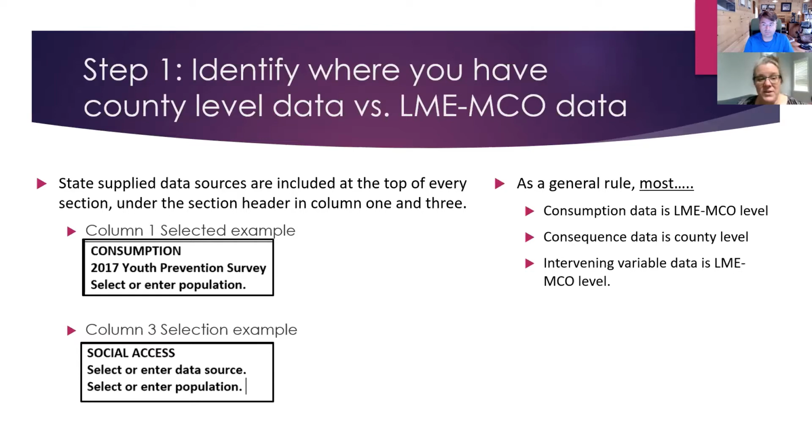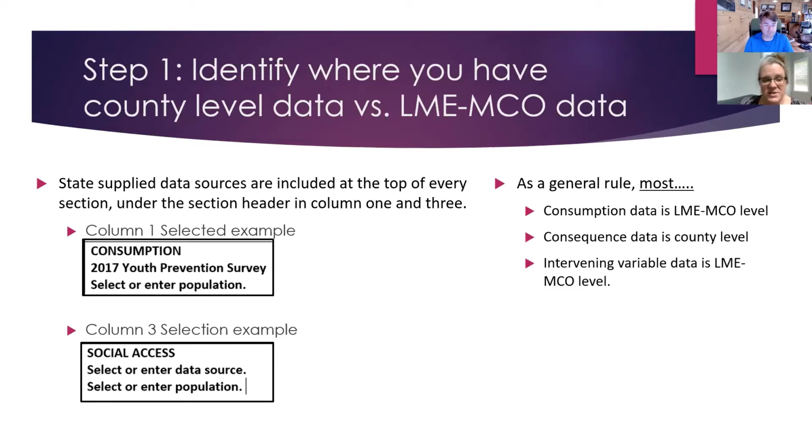And so for the first thing, when you look at the first column, you will always see at the beginning of every section a place to enter the data source as well as the population. As you see with the first example, this example shows consumption data, and it shows the 2017 Youth Prevention Survey, which most people will be using for their assessments.